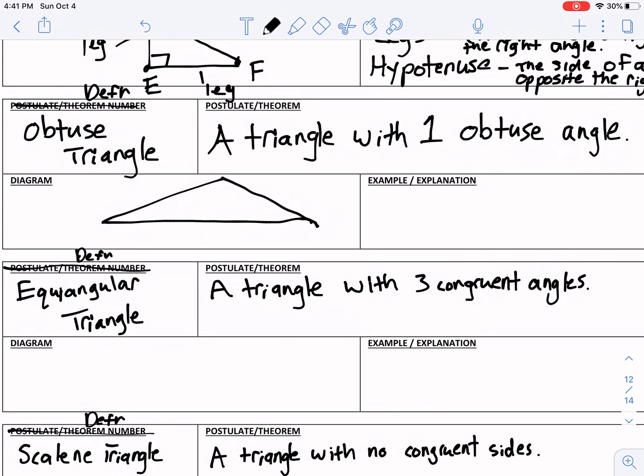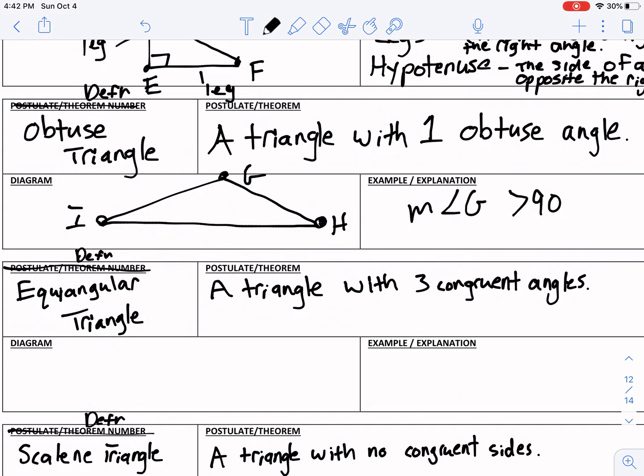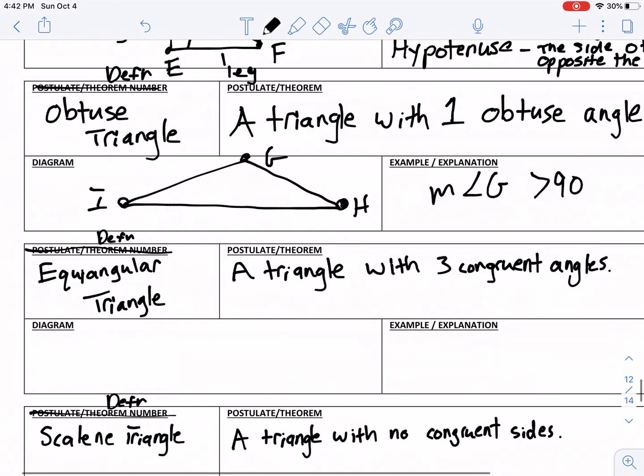So we have one obtuse angle here, and we could call this, let's say, I, G, H. This would be an obtuse triangle, where the measure of angle G, because G is the large angle I drew, is greater than 90. Remember, an obtuse angle has a measure greater than 90 but less than 180.